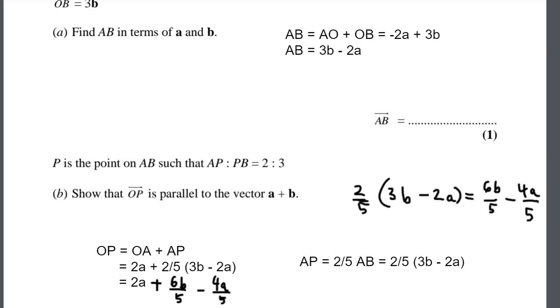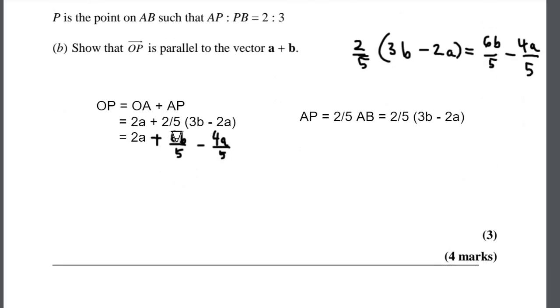So then, we just have one term with b, so that is all right, but we need to combine the two a's. So we have 2a take away 4/5 of a. Think about doing this subtraction: 2 take away 4/5. You need to know how to subtract fractions. Let's think about 2 as 2 over 1.